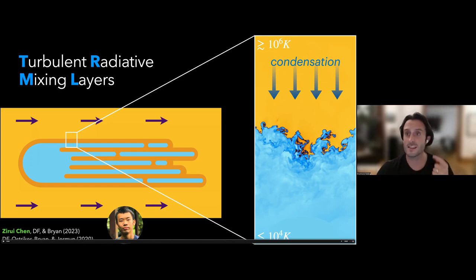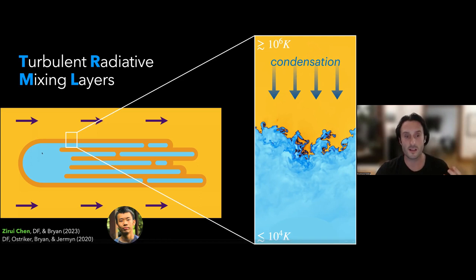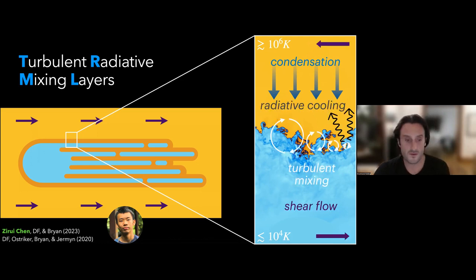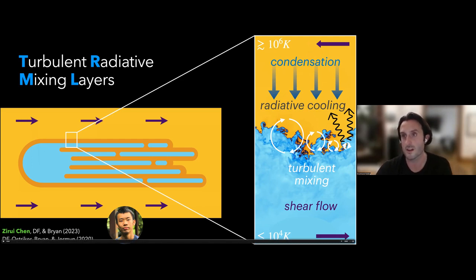And so it's this act of cooling-induced condensation which is responsible for accelerating these cold clouds up to very high velocities. And so the basic picture we've developed over the past few years is that the shear flow gives way to turbulence, turbulence mixing, mixing cooling, cooling condensation. Good, got it. So that's the basic picture.